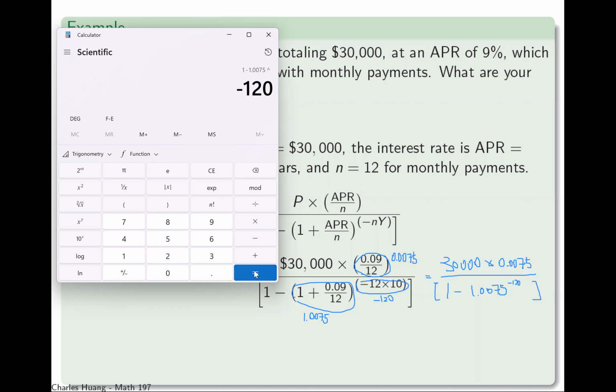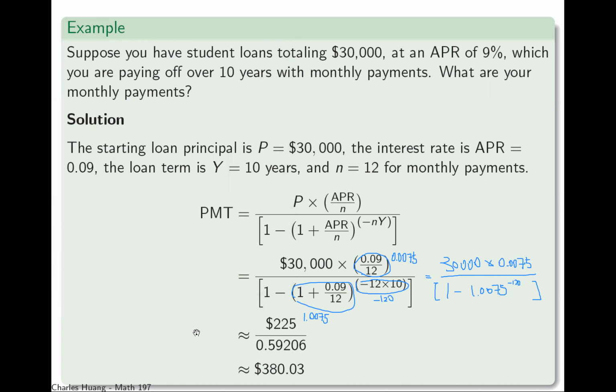So double check to make sure you know which type of calculator you have. By doing that, you should get 0.592, and that's what you will see here, 0.59206. At the end, you simply take $30,000 times 0.0075 divided by 0.59206, and you get the payment of $380.